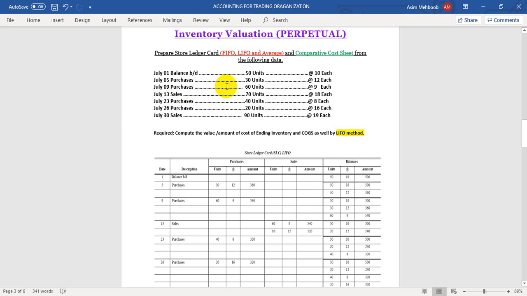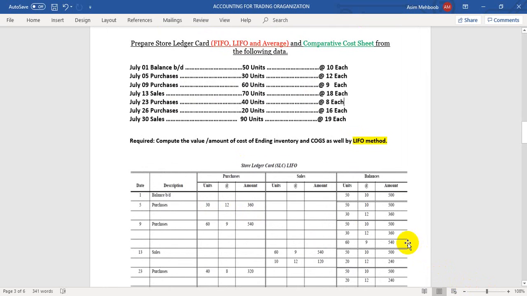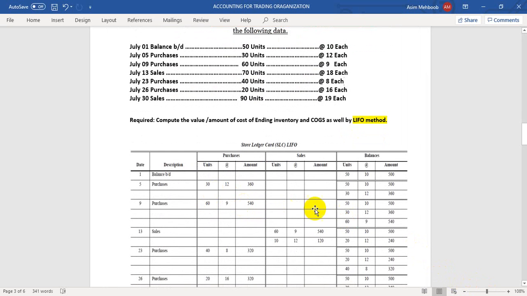Now you did another purchase, 60 units at the rate of 9, that is 6 9s are 54, 540. So you will first copy these two types of inventory, and whatever you purchase, you will keep it underneath.